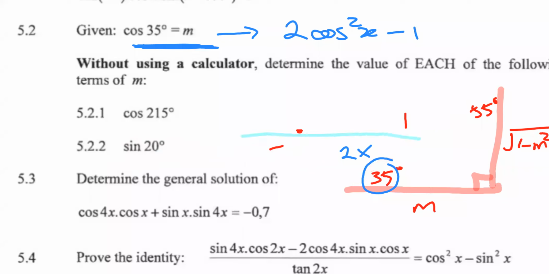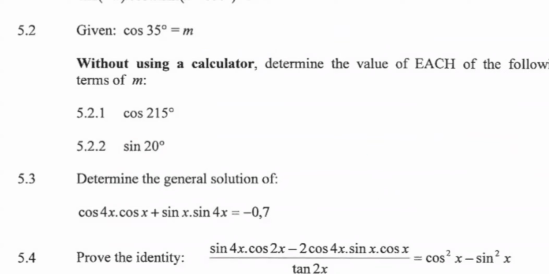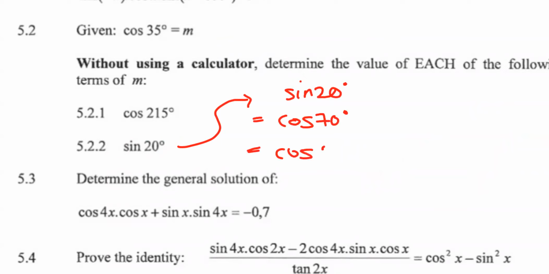Okay, so let's do this. So we didn't even need to draw a triangle here, because for both questions, we're not even going to use that opposite. So sine 20 degrees, we are changing that into cos of 70 degrees. So we said cos of 70 is basically 2 times 35.